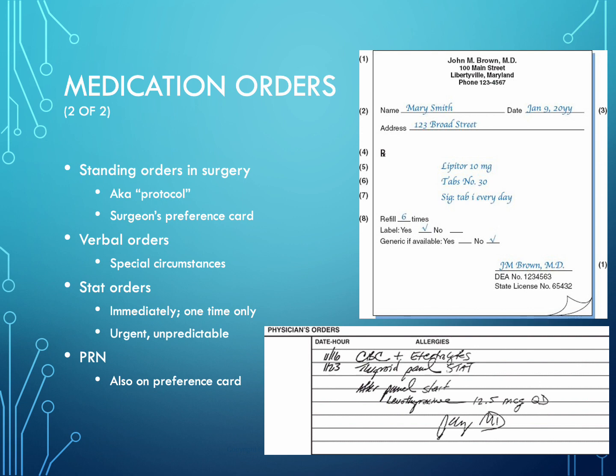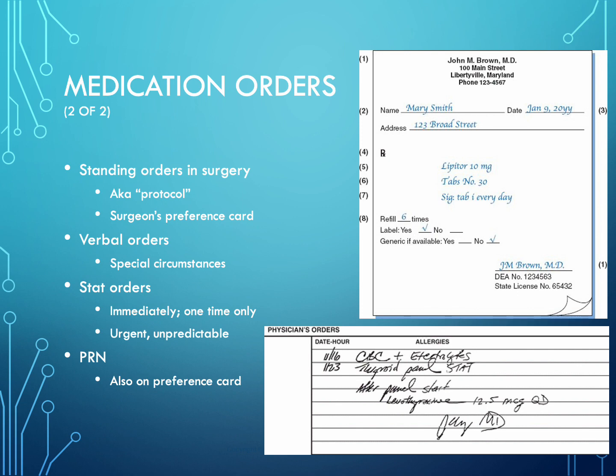So stand by for an example of a preference card on the next slide. A preference card contains standing orders for a particular medication that's going to be used in a particular surgical procedure by a particular surgeon. So the preference card is specific to surgeon and procedure.